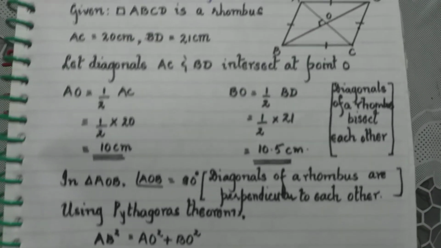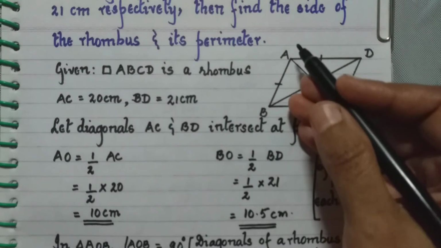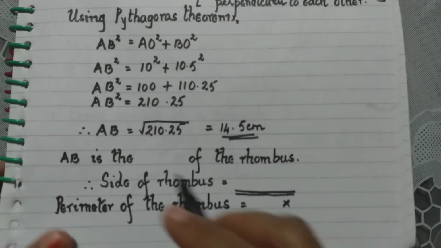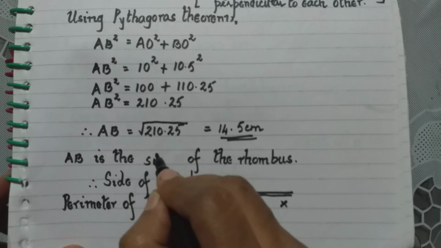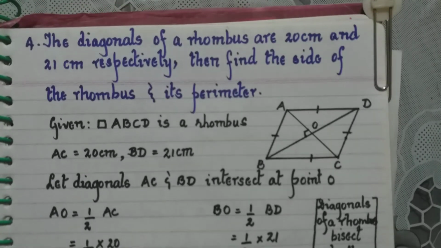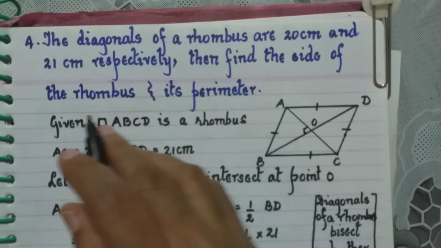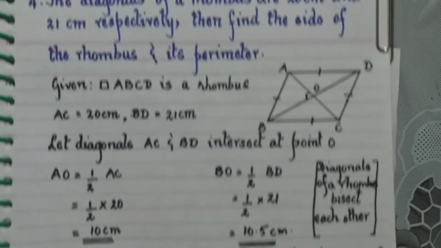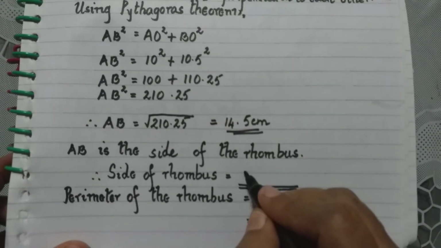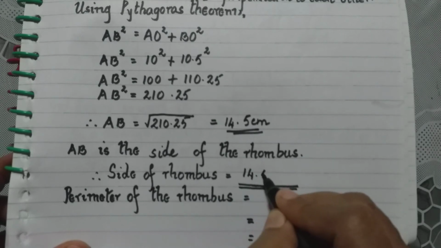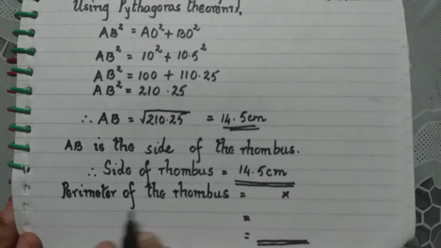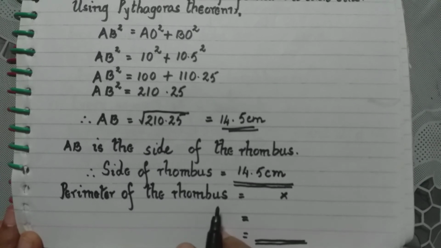Now look at the figure. What is AB actually? It is the side of the rhombus. So we write here AB is the side of the rhombus, and we had to find the side of the rhombus and its perimeter. Therefore, the side of the rhombus is equal to 14.5 centimeter.